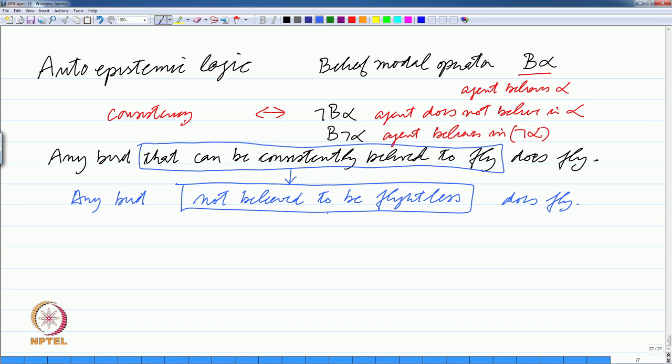So, here if I again break this down, flightless would be represented by not flies x, believe would be replaced by the belief operator and not would be negation exactly.